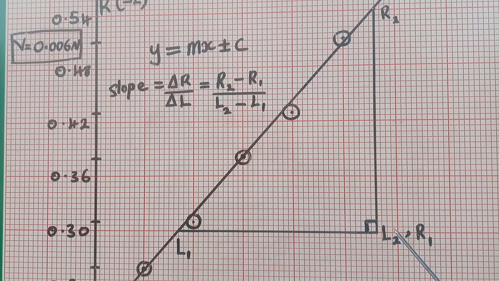Possibly R1 corresponds to a marked position on the axis. It is 0.30. This was done deliberately to teach a lesson.